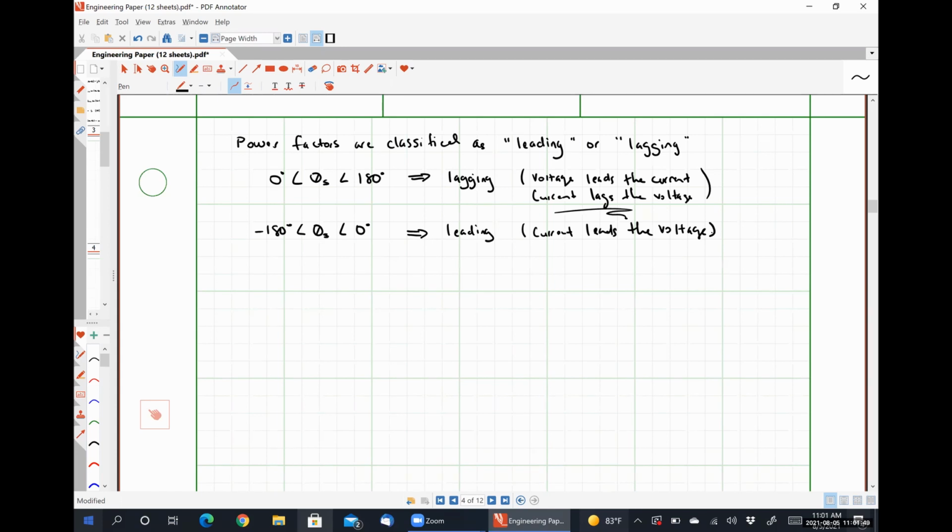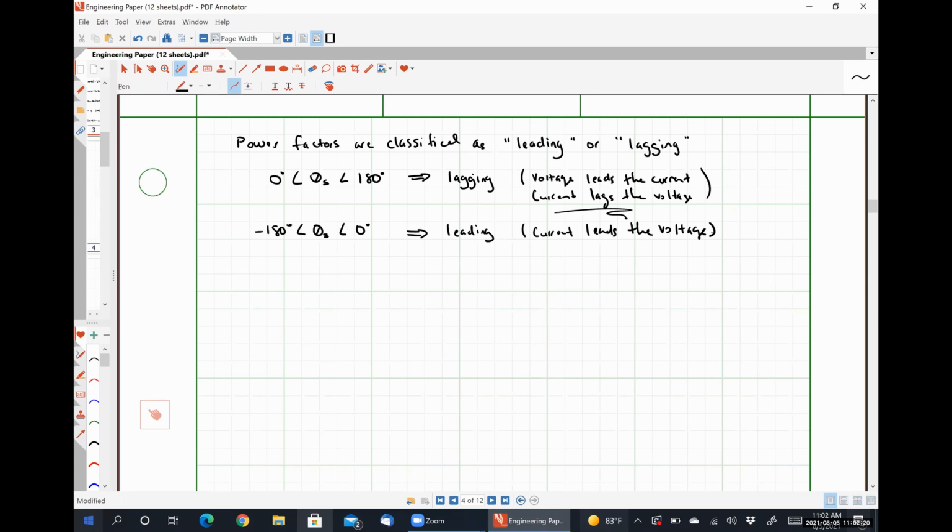So theta s is either 0 or plus or minus 180 degrees, which means that everything is either in phase or perfectly out of phase. And so we are operating at 100% efficiency. A power factor of 0 means that theta s is either positive 90 degrees or negative 90 degrees, and we are operating at 0% efficiency, which means that we are supplying apparent power to a purely inductive or purely capacitive load.